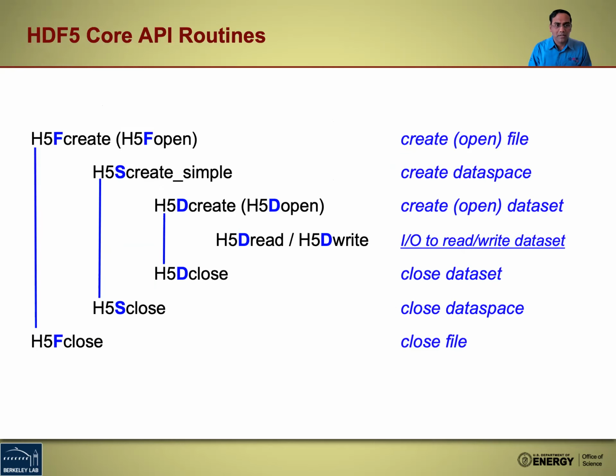The core APIs are creating a file, creating a data space, creating a data set, doing the I/O operations on the data set, and closing all of them in the same order. So these are very basic 6 or 7 APIs that are very heavily used, and you can start using HDF5 with these.